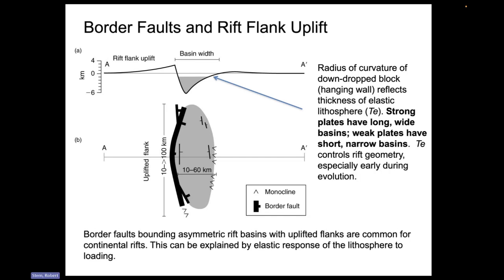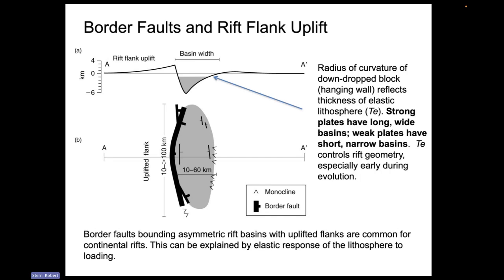Now, I want to draw your attention to the radius of curvature of this thing. This is kind of a flexure of the lithosphere. It's a lithospheric response to what's happening. And we can use this curve to estimate what we call the elastic lithosphere. Remember, we talked about the multiple definitions of lithosphere, one of them being the thickness that has mechanical strength.